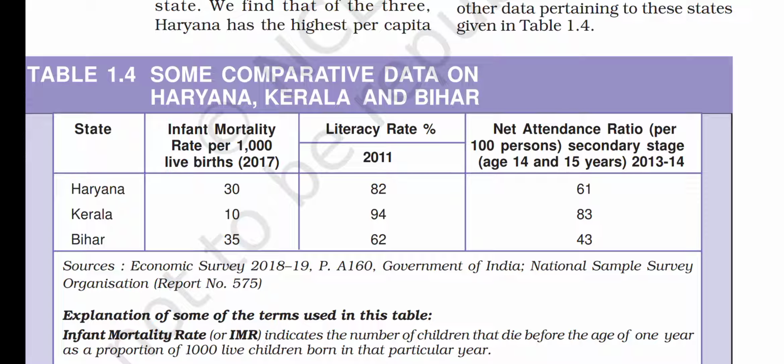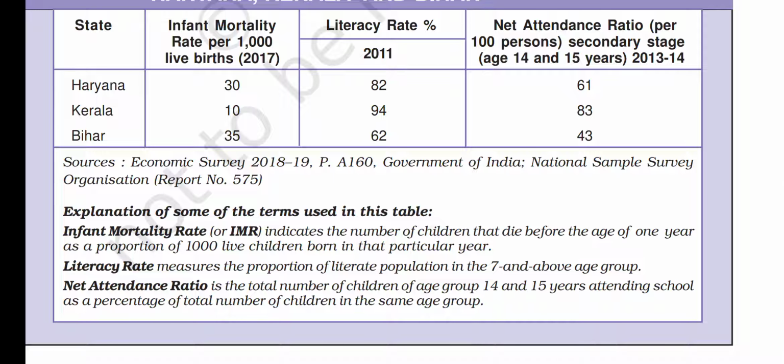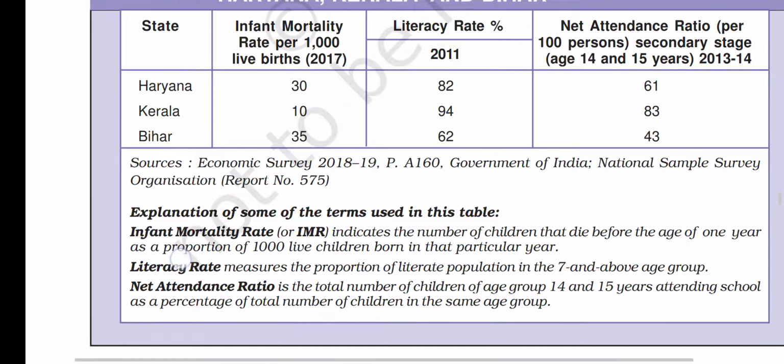Haryana, if you look, the mortality rate is 30, Bihar has 35, and the lowest infant mortality rate is in Kerala. Literacy rate, if you look at, Kerala has the highest literacy rate with 94%. Net attendance ratio, even Kerala tops the table here. Before moving on to the discussion, let's know the terms. What is infant mortality rate?